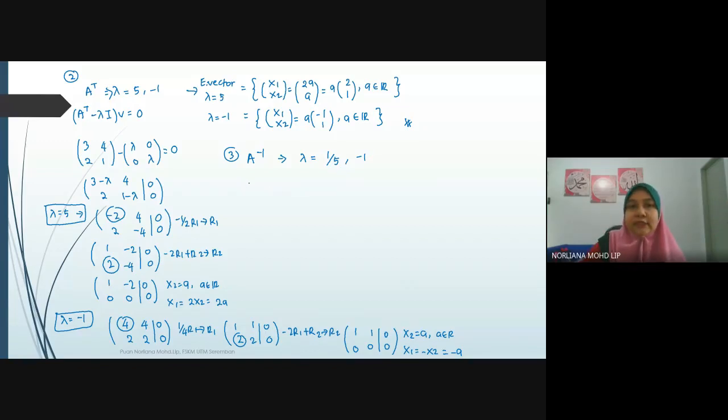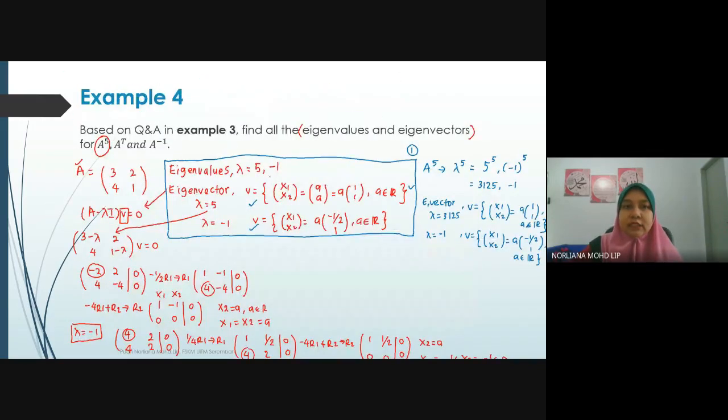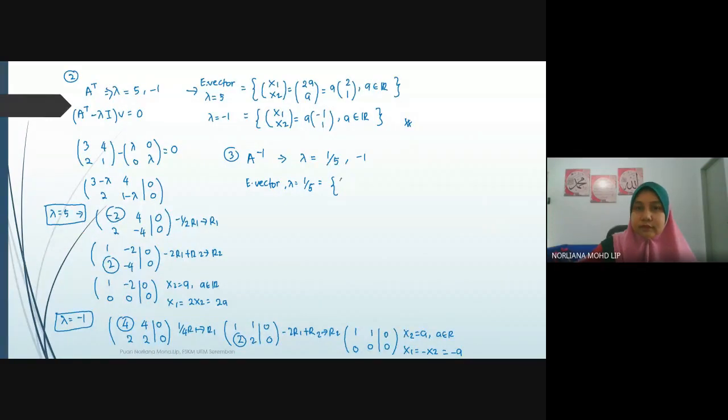And the eigenvector for lambda equal to 1 over 5 equal to the original eigenvector. The original ni lah. We follow lambda equal to 5. Ni, 1, 1. So x2 equal to a, 1, 1, a any real number.